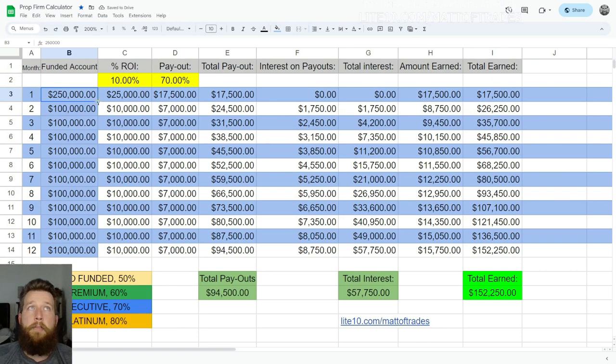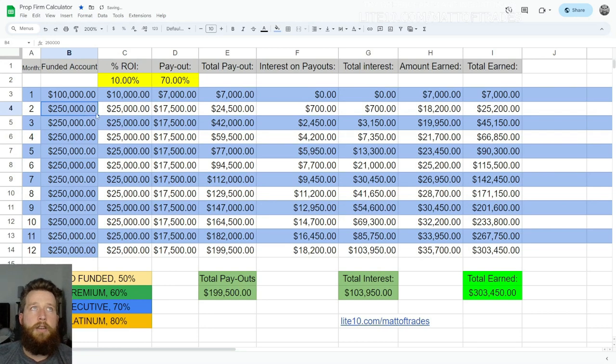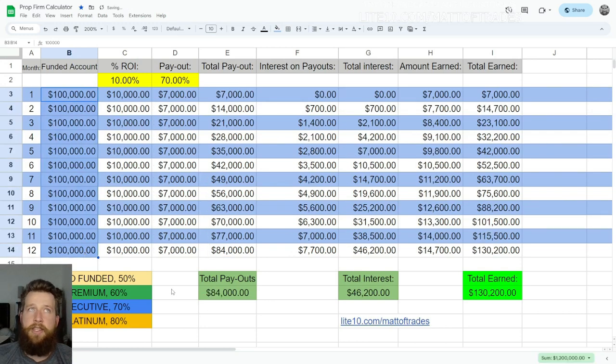Obviously, that's a big if, but if you do, then the same 10% would have got you $325,000 in a single year, where just the $100,000 got you, I can't remember what that was. Oop. So $300,000 as opposed to $130,000, and that's with the same return.